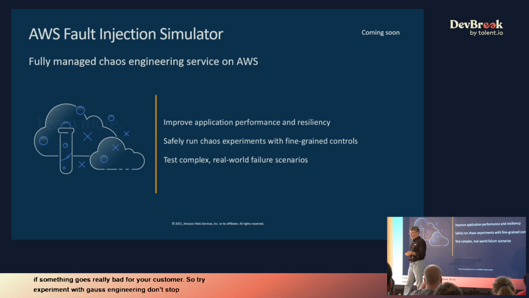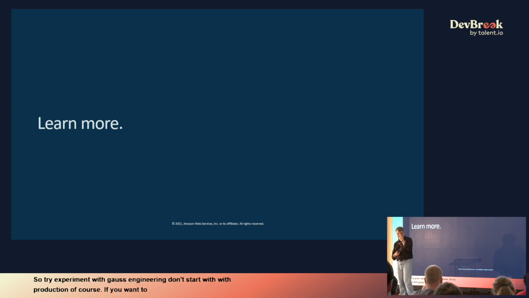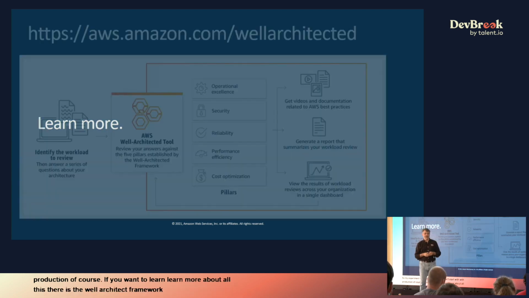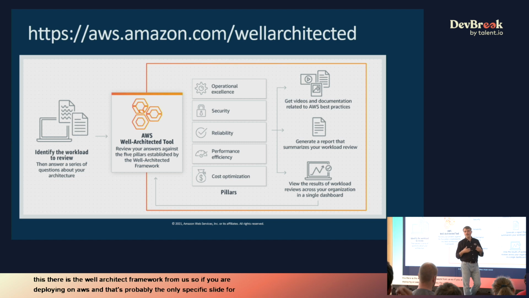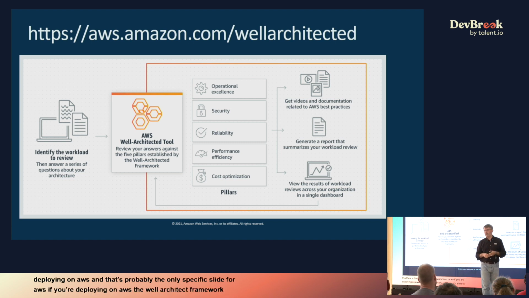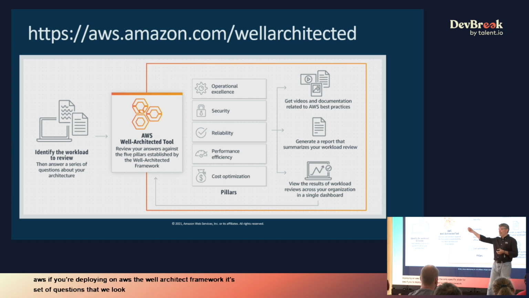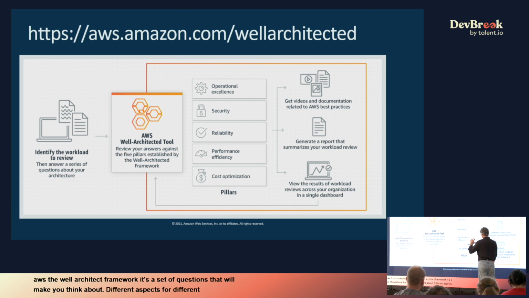Don't start with production, of course. If you want to learn more about all this, there is the Well-Architected Framework from us. If you are deploying on AWS, and that's probably the only specific slide for AWS, the Well-Architected Framework is a set of questions that will make you think about different aspects for different pillars like cost optimization, performance, but there is one here that is linked with this talk: reliability.